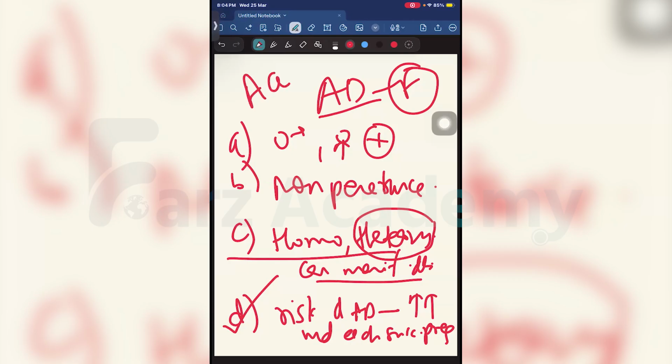Suppose I'm telling achondroplasia or hereditary spherocytosis. He is heterozygous for that mutation. That means he is carrying only one allele, which is defective. So what is this condition called? What do you call this individual? He will manifest the disease. But when I tell it is for autosomal recessive conditions, what do I call this individual? Carrier. Very good.